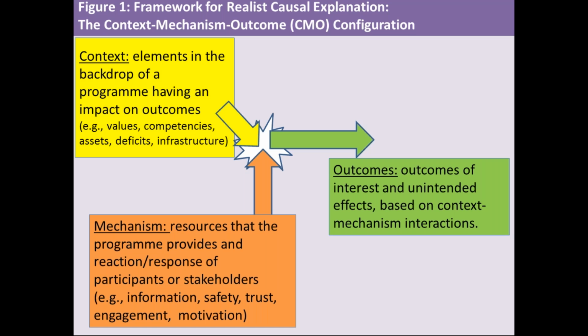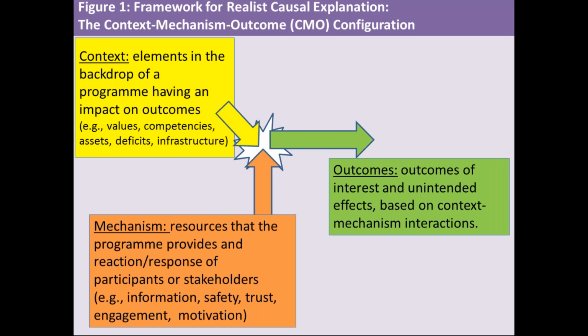Also there are varying degrees of capacity, competencies, and assets in the community. There are also deficits in the context. It doesn't necessarily mean a community context, but there could be assets and deficits in the context. And there's also infrastructure, or lack thereof. Those are just examples. That's not exhaustive, but that's the kind of thing you're thinking about with context.